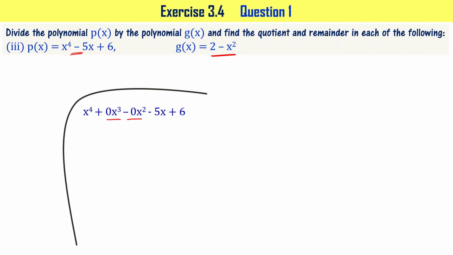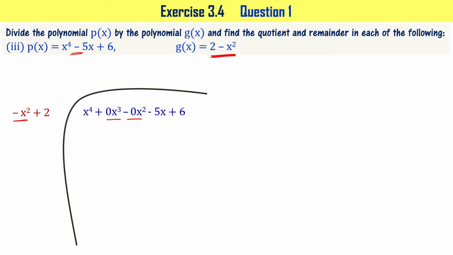Let me draw a line as shown here and write g of x on the other side. I have written now this as minus x square plus 2. Here it is given 2 minus x square. Let me flip it so that the term containing highest degree comes in the beginning, right?